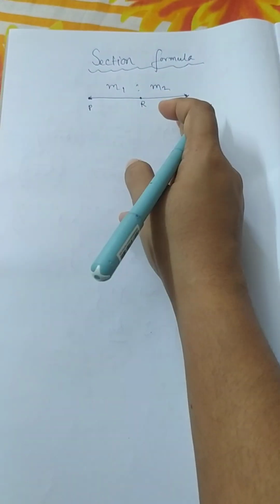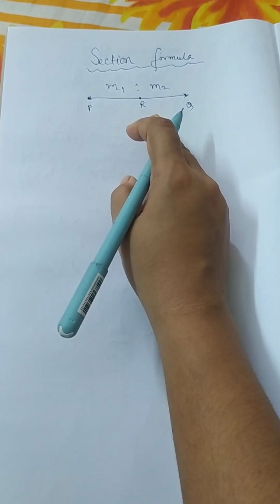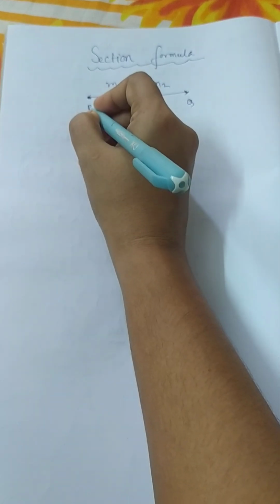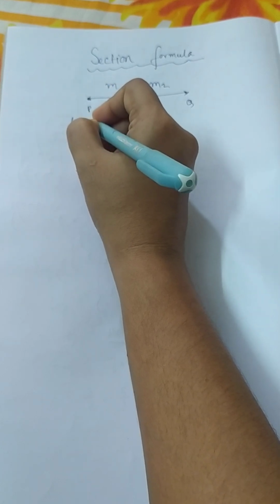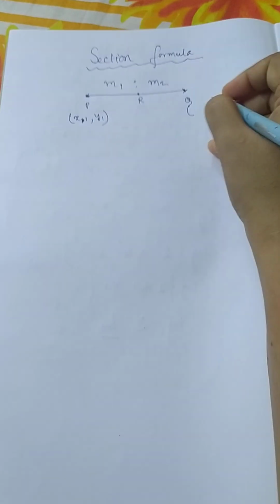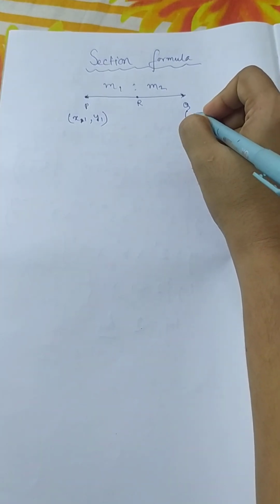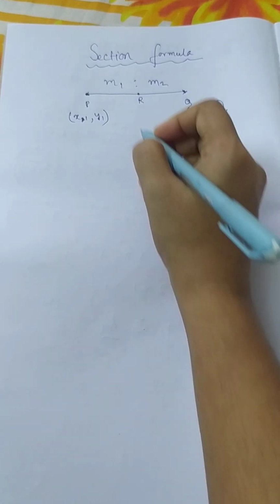It may be they are equally divided or in other ratio, and for the P point coordinates are x1, y1, and for Q point it is x2, y2 coordinates.